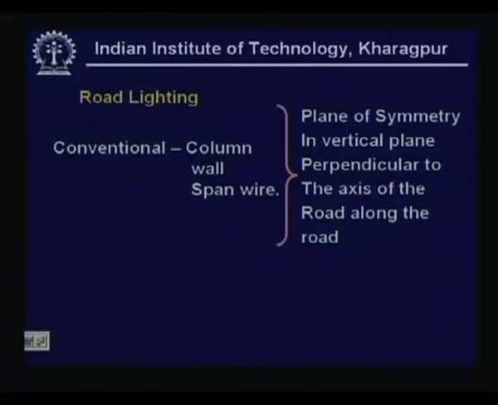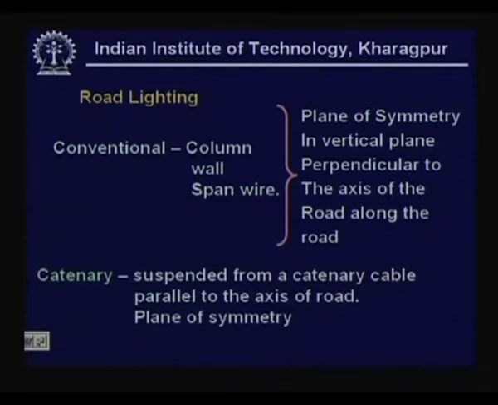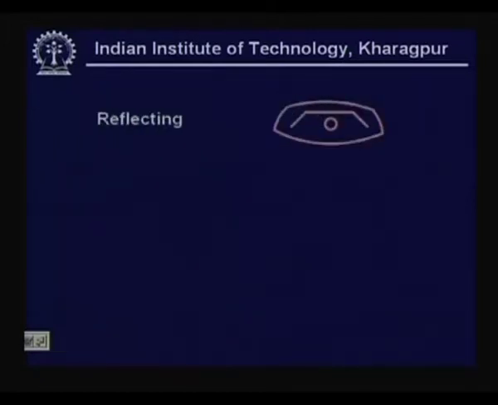The importance is that you have a plane of symmetry in the vertical plane which is perpendicular to the axis of the road. That is important. This applies to street lighting or highway lighting. As I was telling you, there could be a column or a span on either side or both sides, or a catenary. These are the ways to do this.